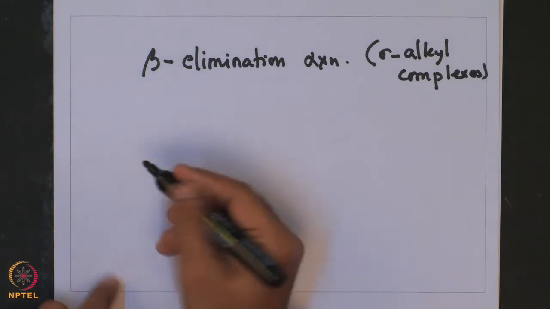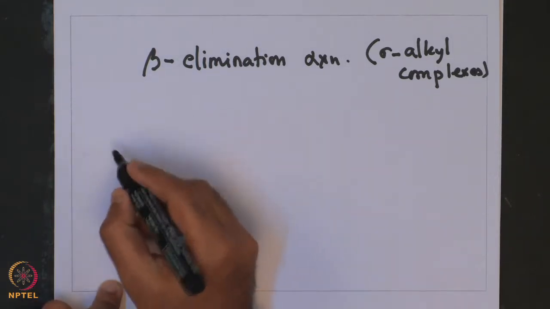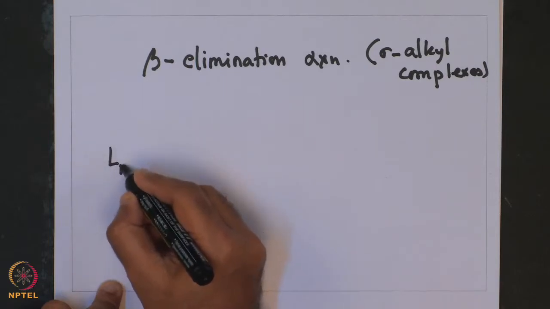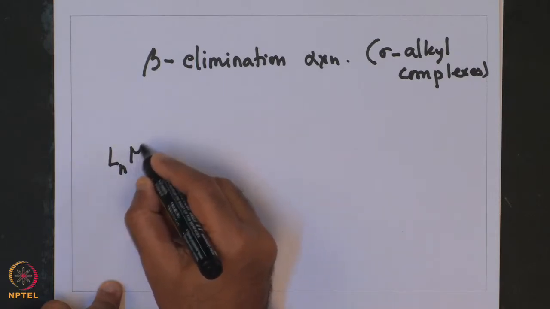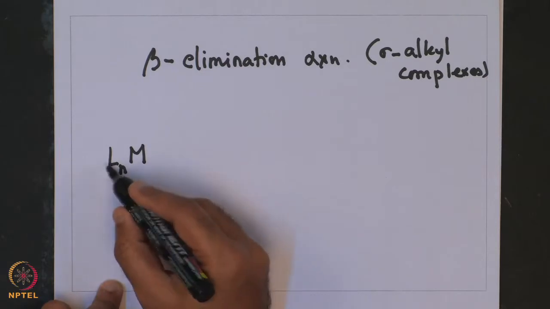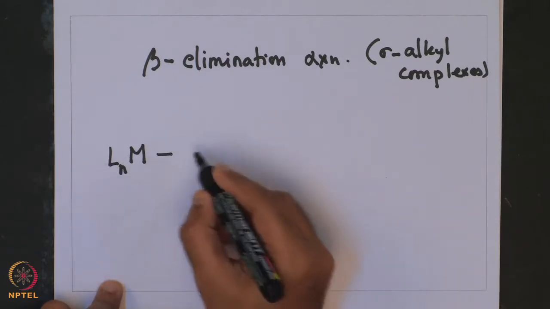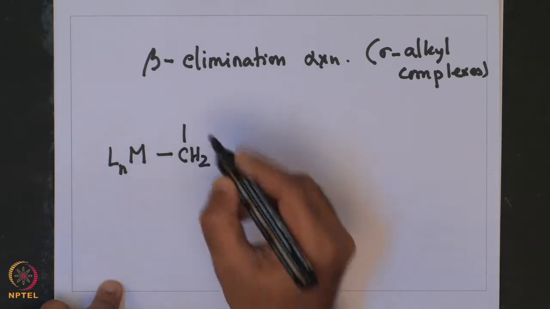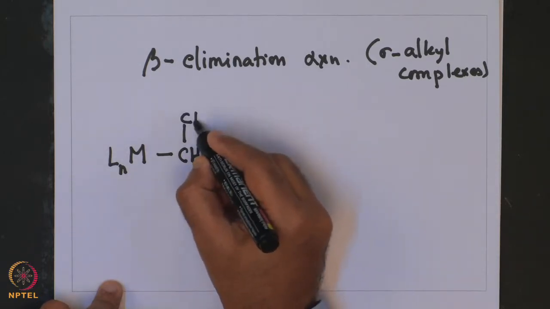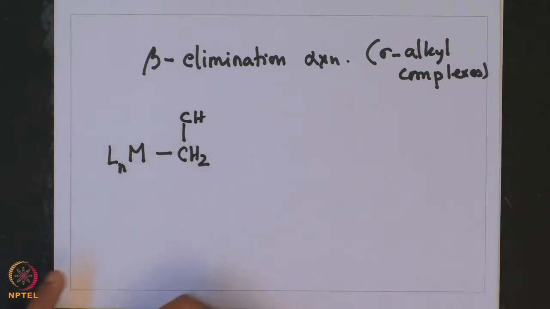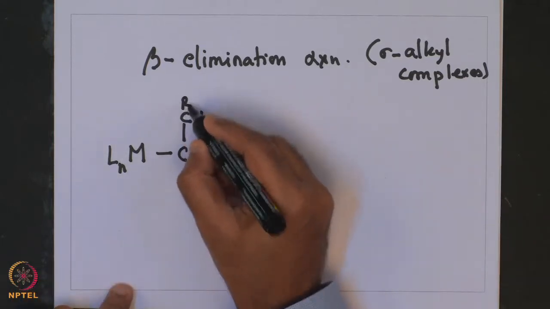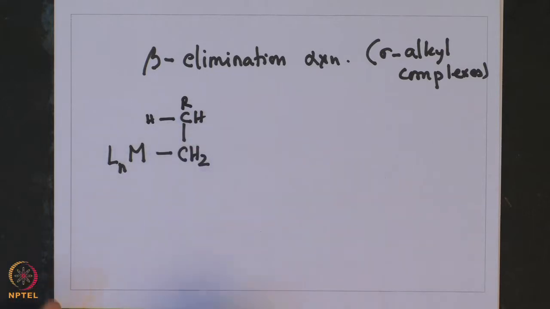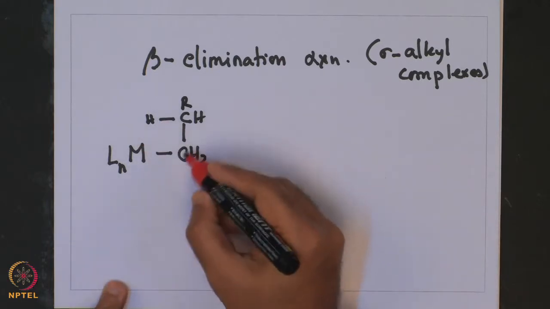For example, take transition metal complexes having beta hydrogen. Let us say I have a transition metal bound to a ligand containing an alkyl moiety which has a beta hydrogen, meaning the location of the hydrogen is on the beta carbon.